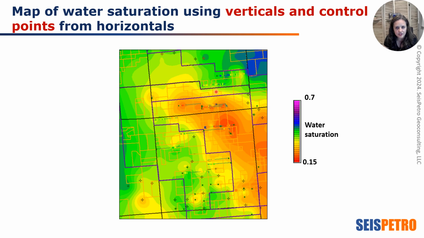You can see the edge much better. You can see an area of high water saturation that we didn't have before, and the area of low water saturation gets expanded a little bit more towards the northwest of the map.